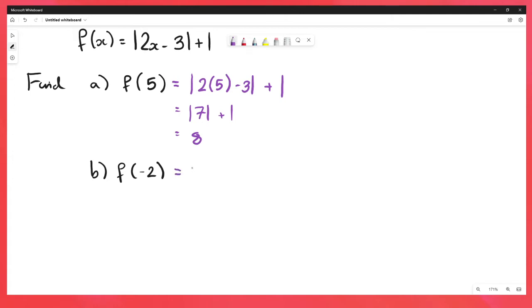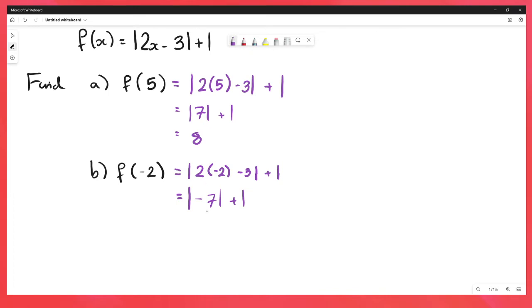So, we can put in the same way, -2 into our function. But now, 2 times -2 is -4, -3 is -7. So we get the modulus of -7 plus 1.